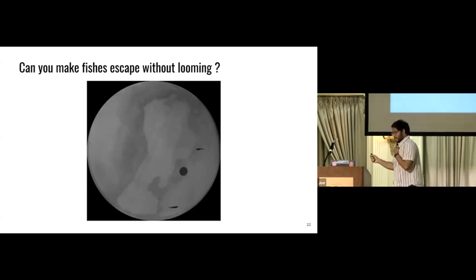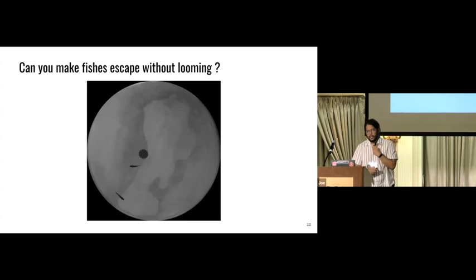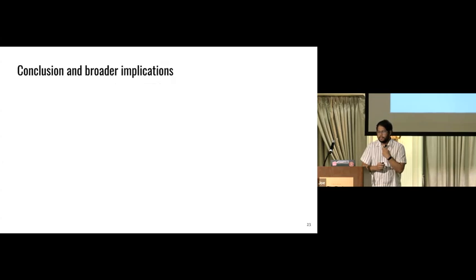This tells us that yes, they're using some kind of error prediction. Once they move, they expect the looming to go down, but when they do not see this looming go down, they probably realize that they are in a lot of danger and they start going crazy. So we believe this is early evidence of the fishes using these error prediction models.